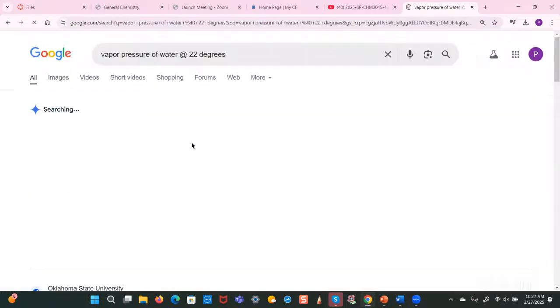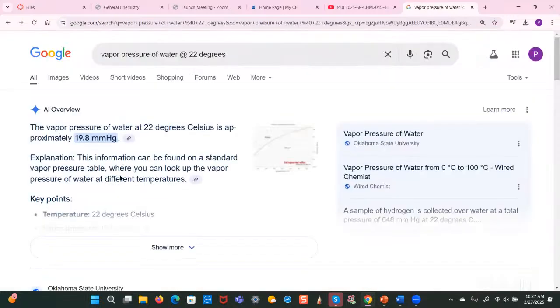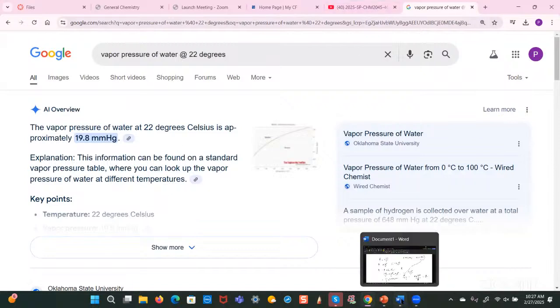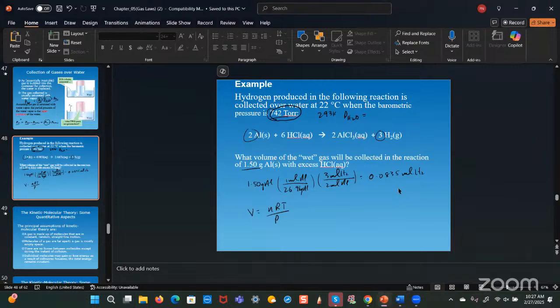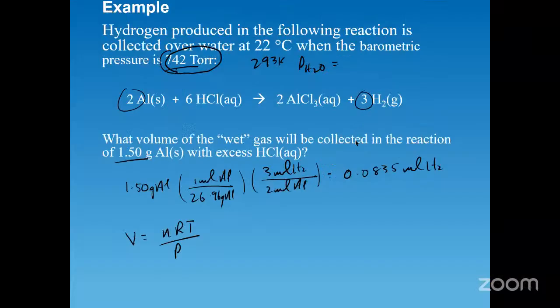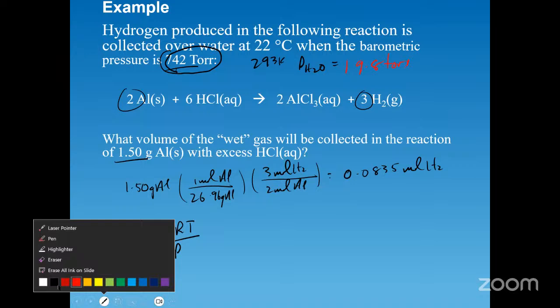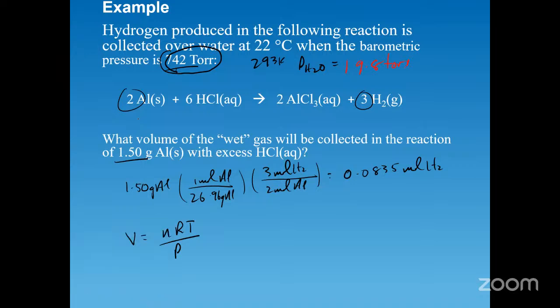Let's see what that gives. 19.8 millimeters mercury, which is the same thing as 19.8 torr. So this should be 19.8 torr, right? So in an exam situation, you should be provided that information.